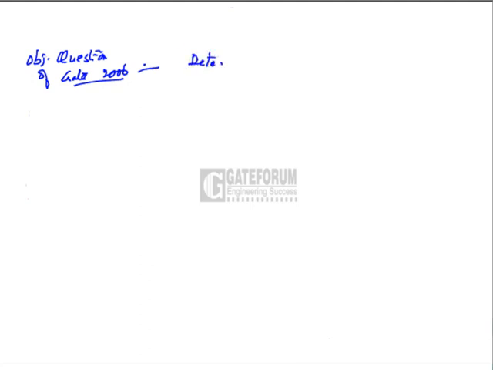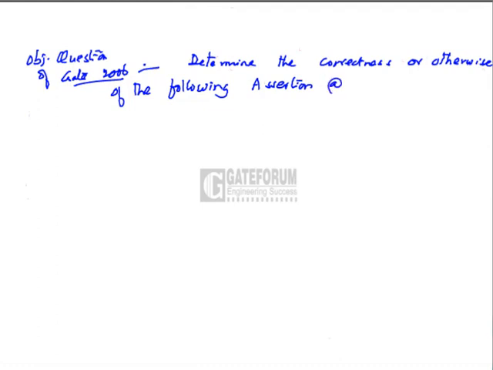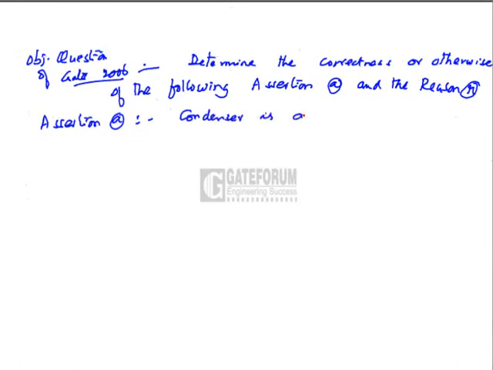Determine the correctness or otherwise of the following assertion A and the reason denoted as R. The assertion A is given as: condenser is an essential equipment in a steam power plant.